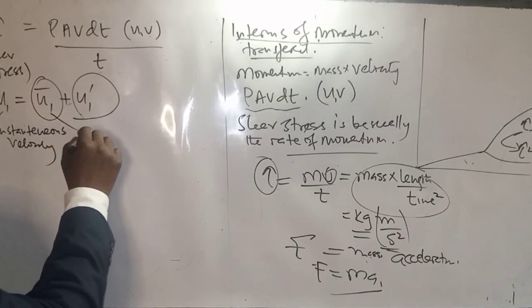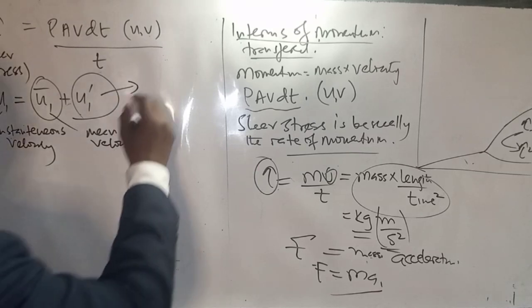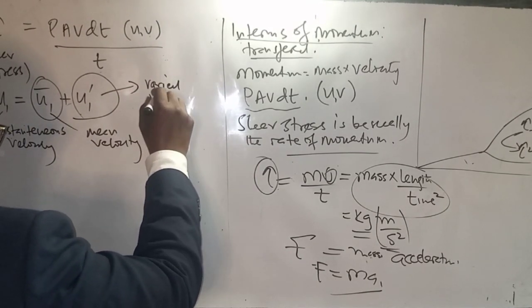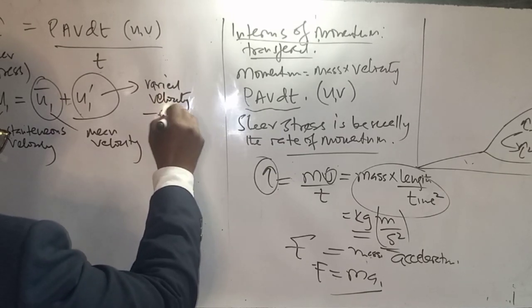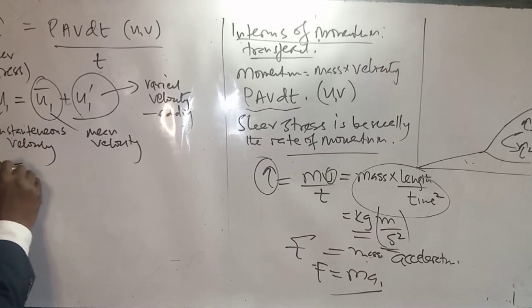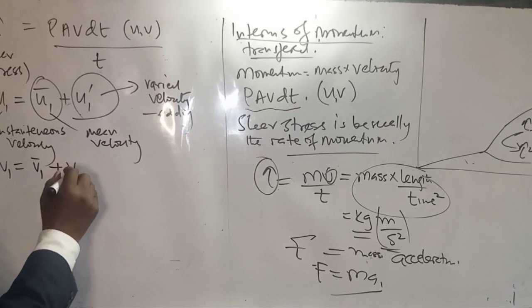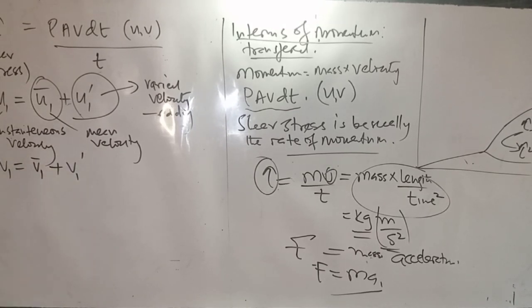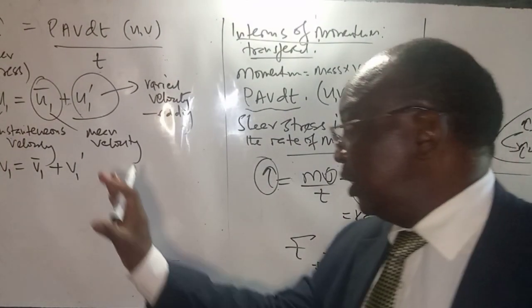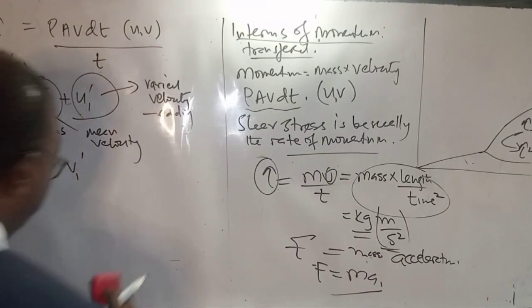This is the mean velocity, and that is the perturbed velocity or the varying velocity as a result of the eddy currents. Similarly, in the y-axis, we have the same, with the same meaning. That's the instantaneous velocity, the mean velocity, and the velocity varying as a result of those perturbations.